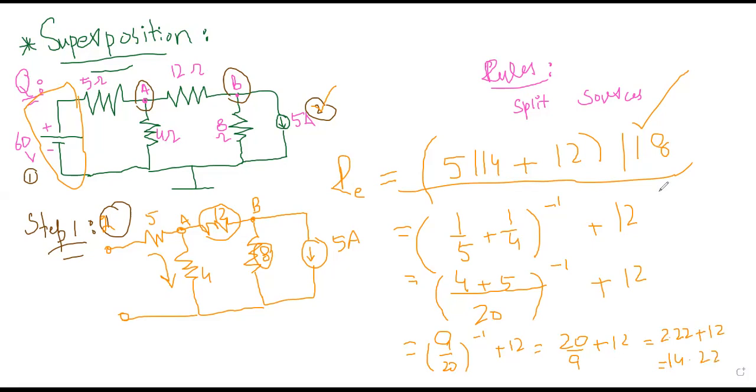Now this 14.22 is parallel to 18, so this will be 1 upon 14.22 plus 1 upon 18.